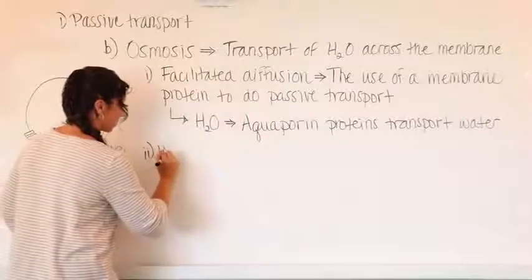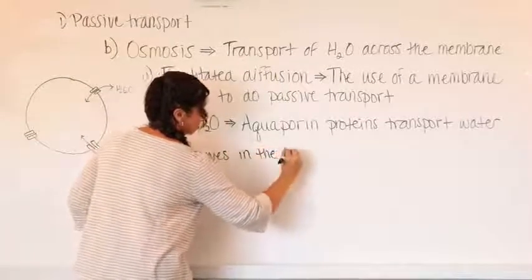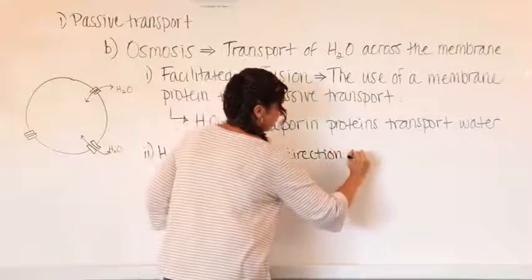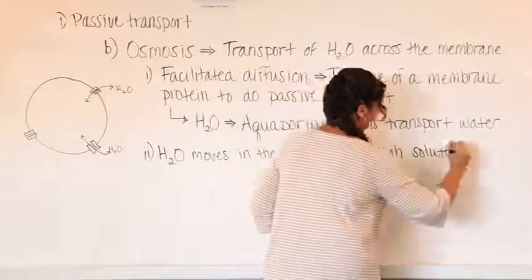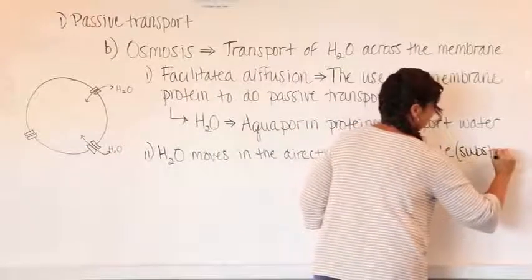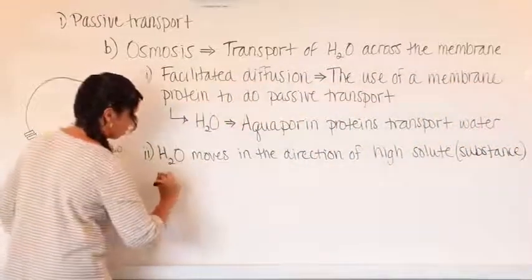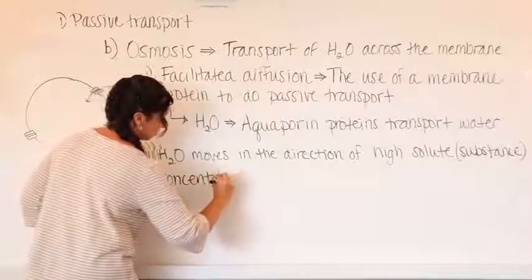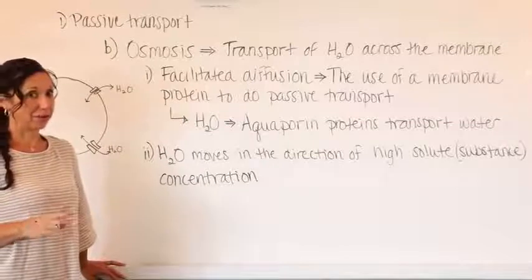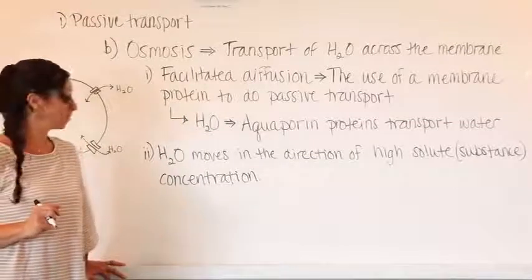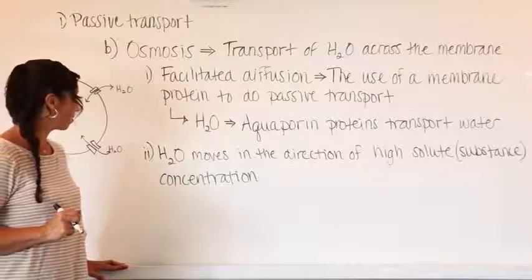So water moves in the direction of high solute concentration. High solute, you could also think substance. That's another way to think about it. We're going to have a whole bunch of examples on how this works.